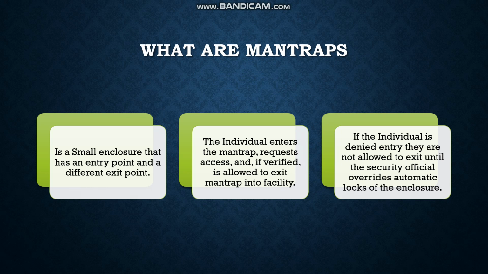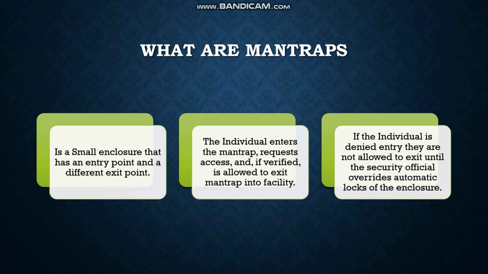So when installing a man-trap, you want it to be made of bulletproof glass, maybe rotate like a revolving door, and have security cameras posted on both sides to observe who comes and goes from the area. So, a small enclosure that has an entry point and a different exit point.